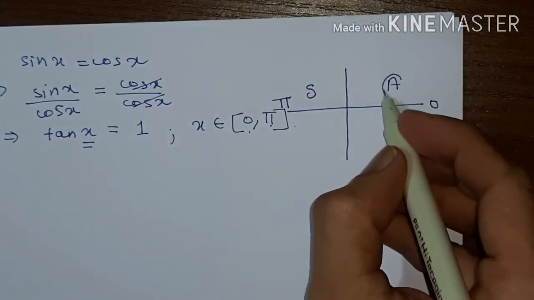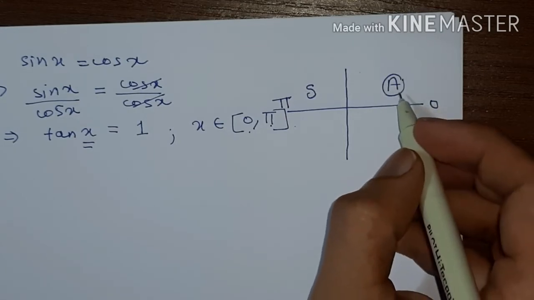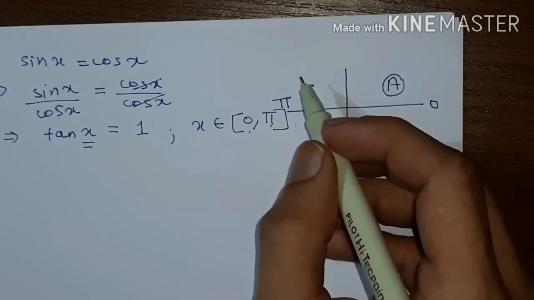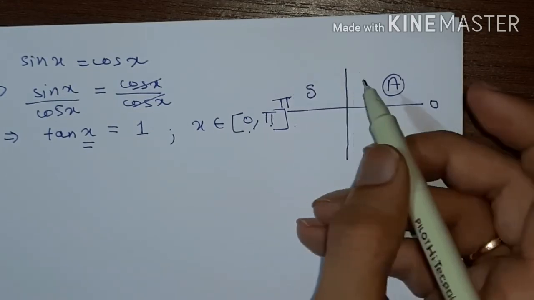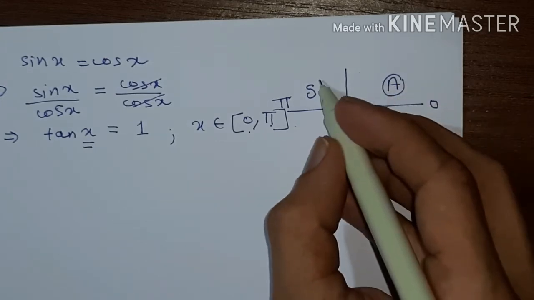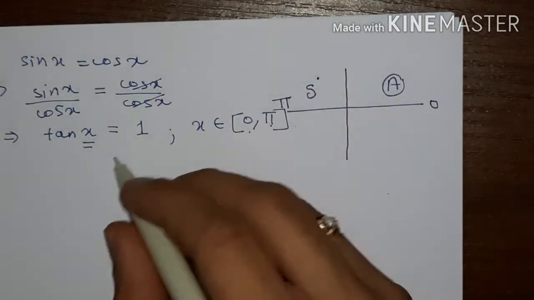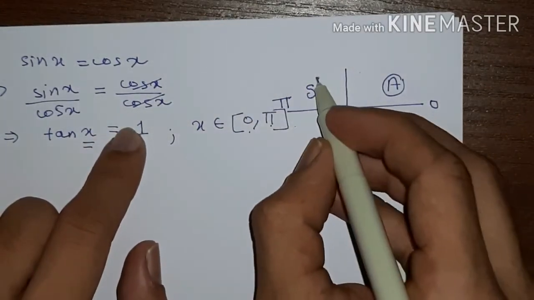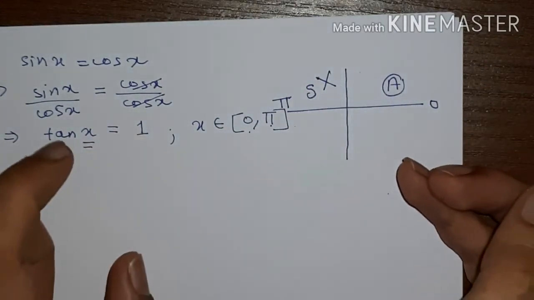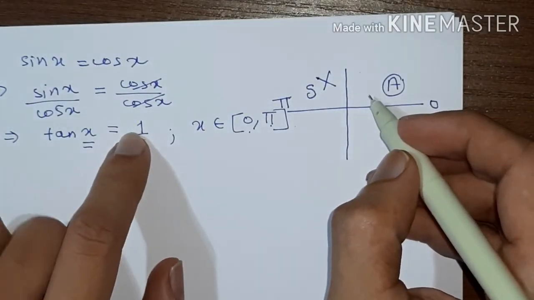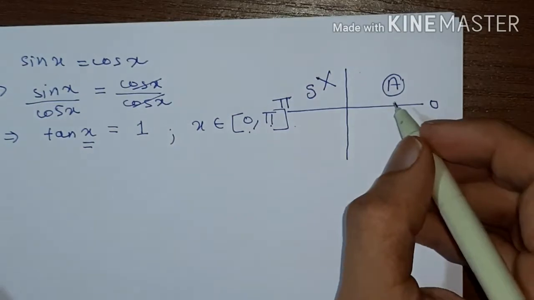Here all are positive, so tan is positive here, and in the second quadrant sine is only positive, so cosec is positive, and all others are negative. That means tan is negative. But what we have here is tan as positive. So this quadrant we should not look at. We have to only look at the value of tan in the first quadrant.